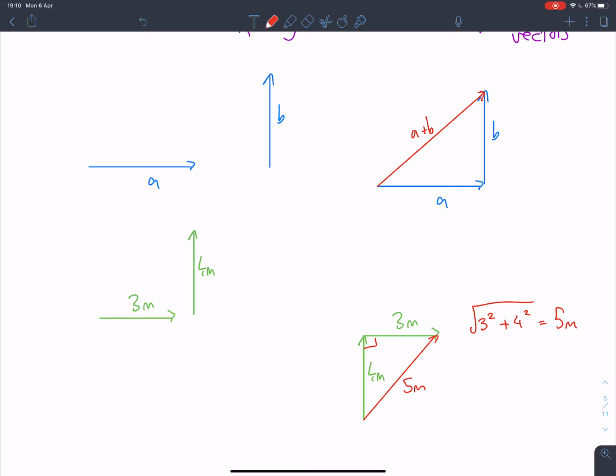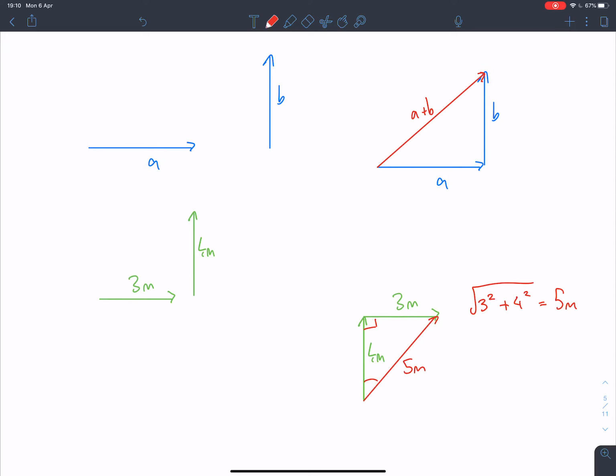We're talking about vectors. We found the magnitude of that vector. We also need to find the direction. Well, I've got the arrow there, so I know the roundabout direction, but to do it properly, I need to find out what the size of that angle is. So that's going to involve a bit of trigonometry. I've got the opposite here and the adjacent. So to find that angle, well, that's going to involve a bit of tan.